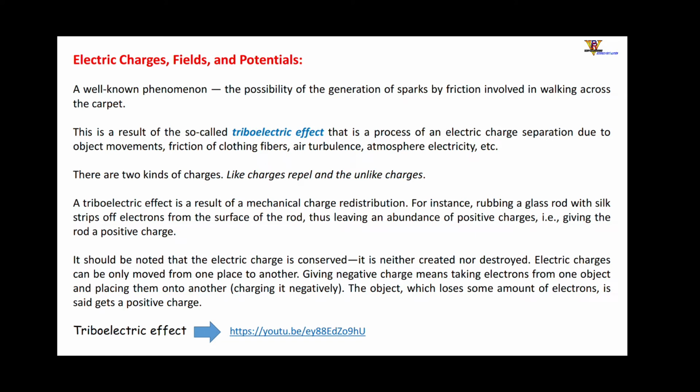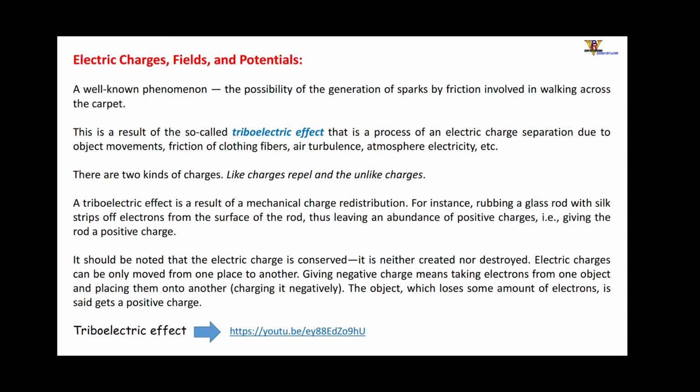Because of electric charge separation. There are two kinds of charges, positive charge and negative charge, and like charges repel and unlike charges attract each other.